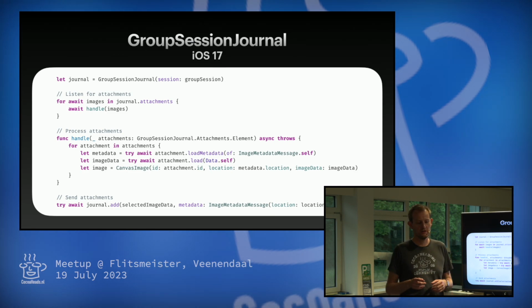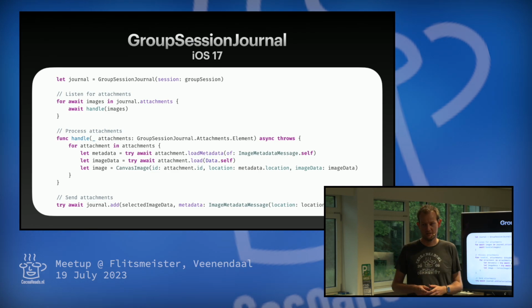The difference is that messages are always peer-to-peer. These attachments are stored in iCloud for the duration of the session, so if I have a big file, I only need to upload it once, and everyone else can download it. If someone else joins the session, they can also download it, and one person doesn't need to upload the same data to everyone all the time. So this is really a shared journal where everyone has access to the same attachments.